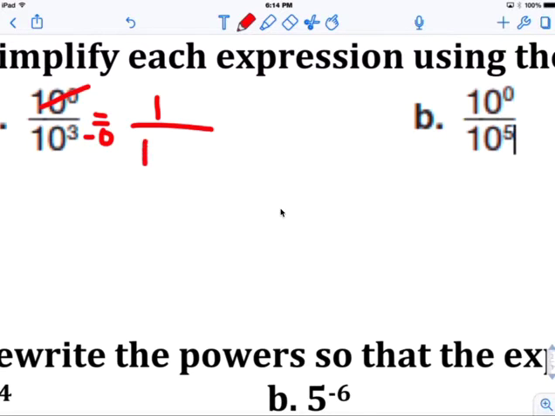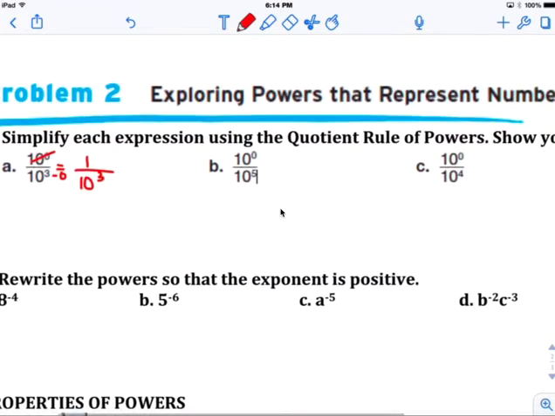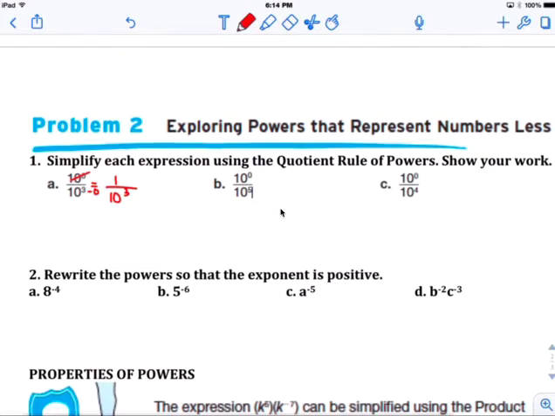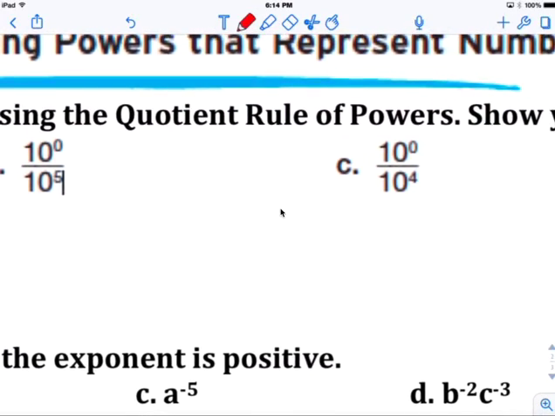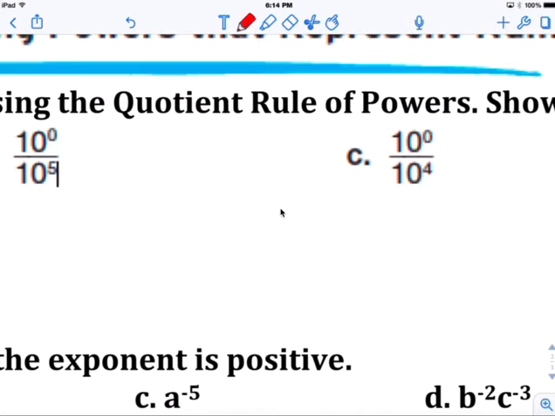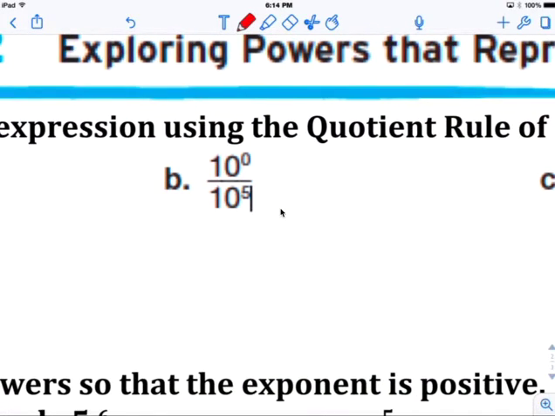So your answer is 10 to the 3rd power. That's what I would do. You do this? Well, or you can say anything to the 0 power is 1.